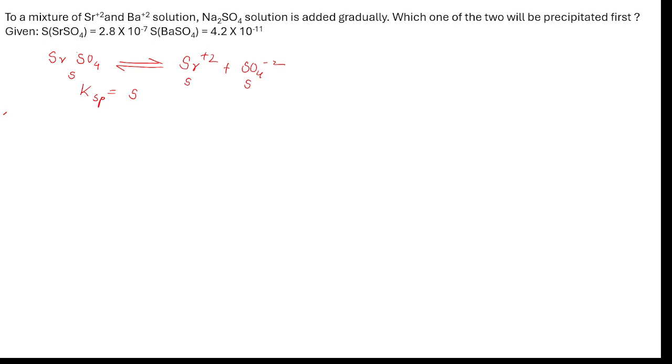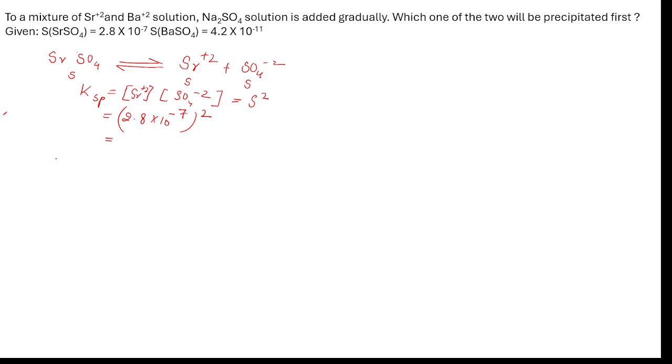And if you write this equation, Ksp is going to be strontium 2+ and sulfate ion 2-. This is the value of Ksp. Or we can say, if we put this value, it is going to be a square, and we already have the value of this, 2.8 multiplied by 10 to the power minus 7, whole square.